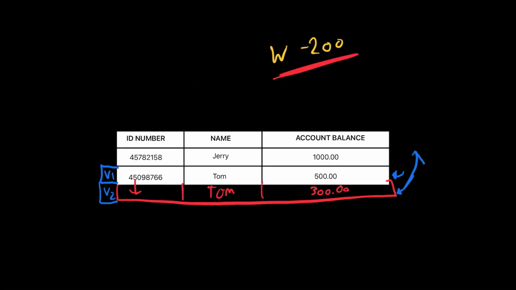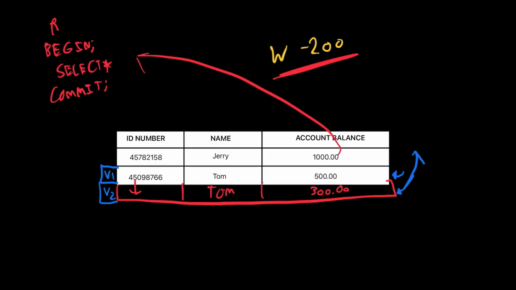So now Jerry from earlier, who is issuing a read command, begins a transaction, selects everything from the database and then finishes, just a simple interaction. Now, when they're retrieving information from the database, they're going to specifically get the highest version number that exists in the database, which means they're not going to be referencing this old version of Tom's account balance. And instead, they're going to see that not only do they have $1,000 still, but Tom now withdrew $200 and has $300 left in his account.